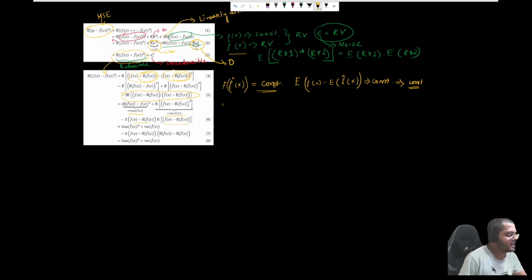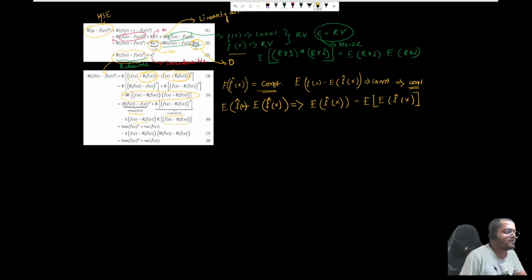Now I need to apply the expectation to f hat x minus E of f hat x. Only this term is left as a variable, I would say. Now we can linearly distribute. This will be E of f hat x, and this will be E of E of f hat x.